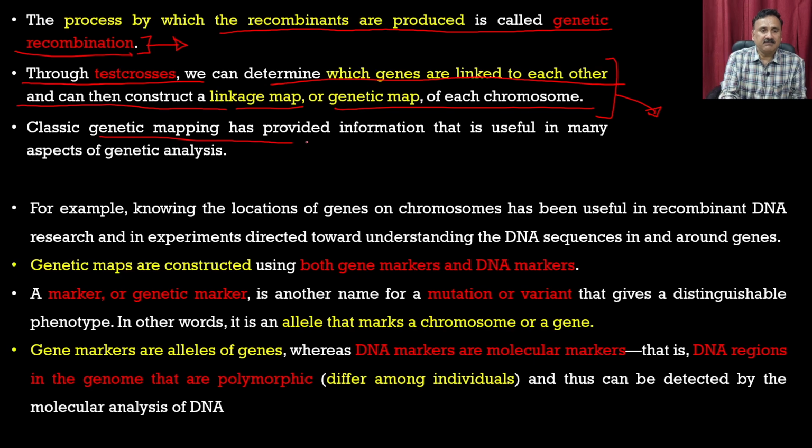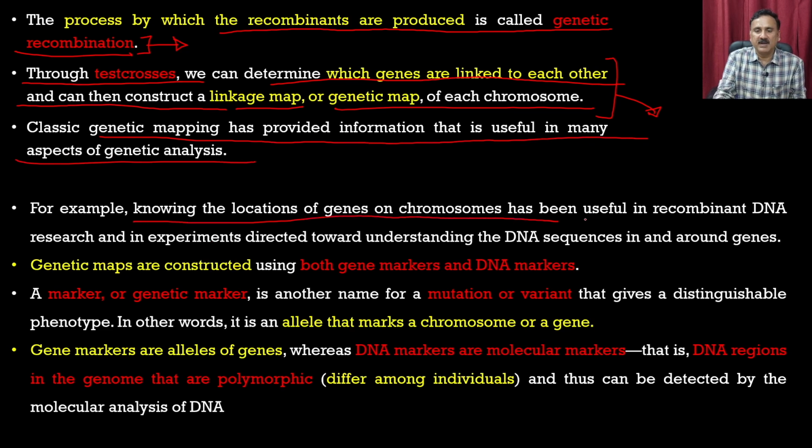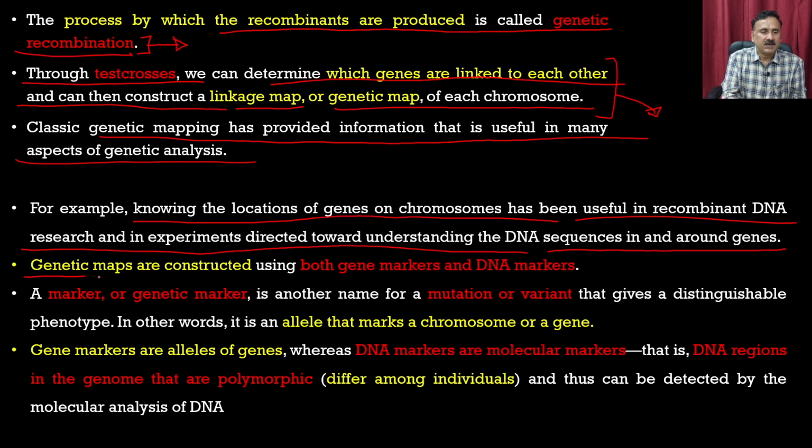Classical genetic mapping has provided information that is useful in many aspects of genetics. For example, knowing the location of a gene on a chromosome has been useful in recombinant DNA research, in experiments directed towards understanding the DNA sequence in and around genes. Genetic maps are constructed using both gene markers and DNA markers.